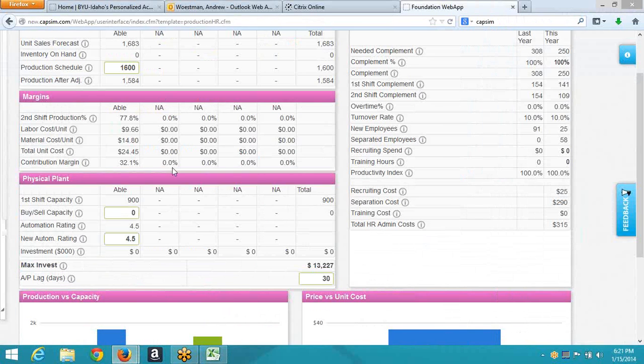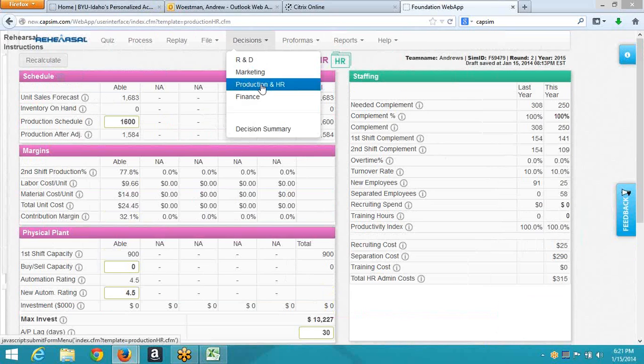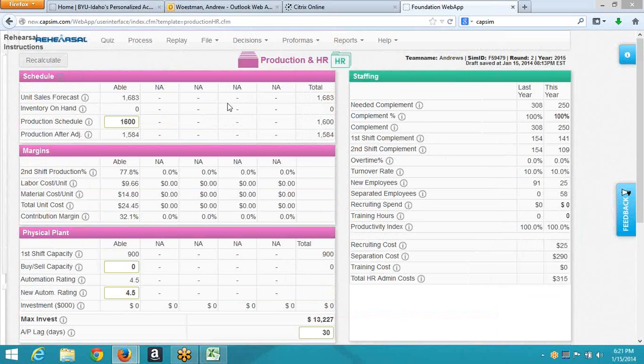So what do I do? I go back to my CapSim, and I'm already in my decisions for production, and I look at what I can produce, and if I can produce as much as I need, or if I need to be able to produce more. So the production schedule is how much I want to actually put out into the industry.